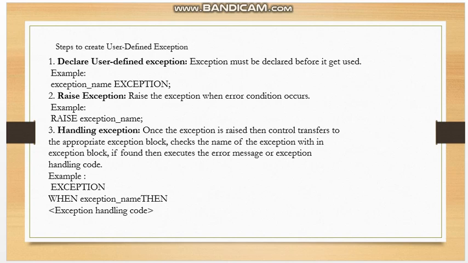It is the EXCEPTION keyword. Exception is a block where exceptions are handled. It matches the name of the exception, and if the name is found, the message or code written with that particular exception gets executed. Now we will see an example of the user-defined exception.